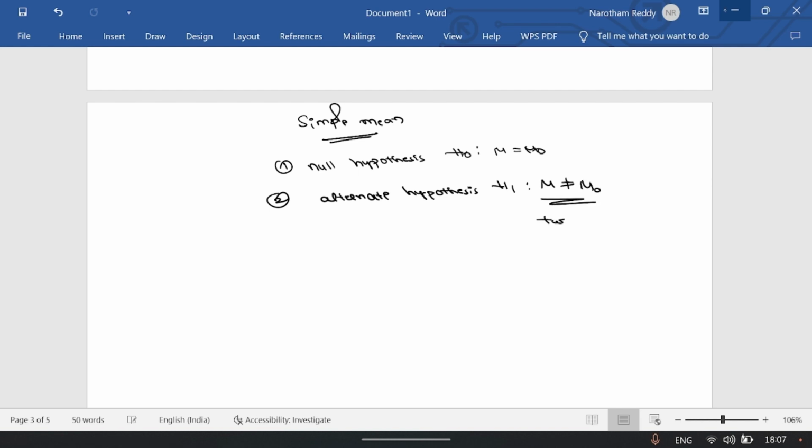It is a two-tailed test. Coming to step 3, level of significance is given as 95%, which is alpha equals 0.05. Now degree of freedom equals n minus 1. Here degree of freedom is 16 minus 1 equals 15.